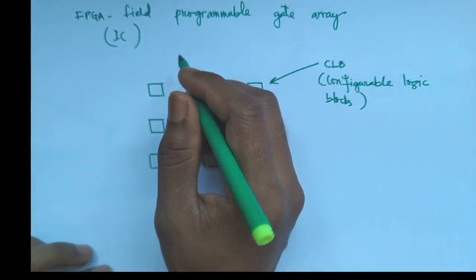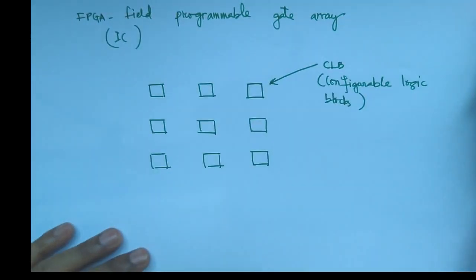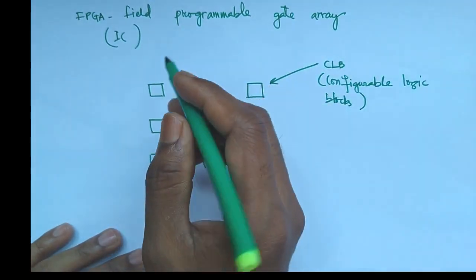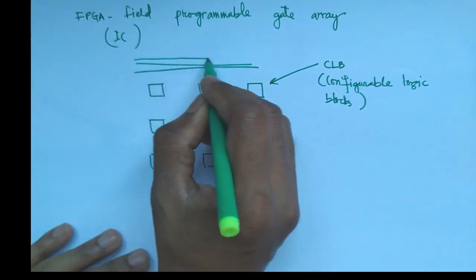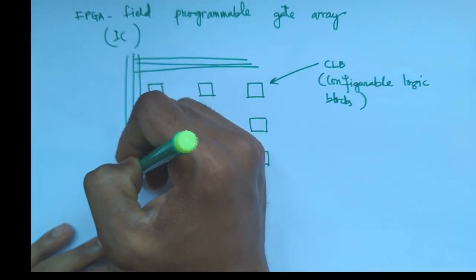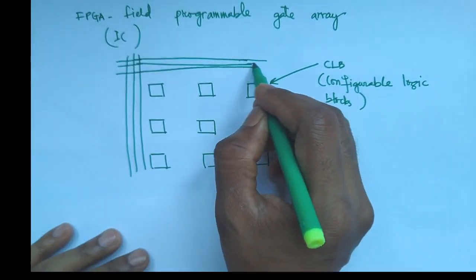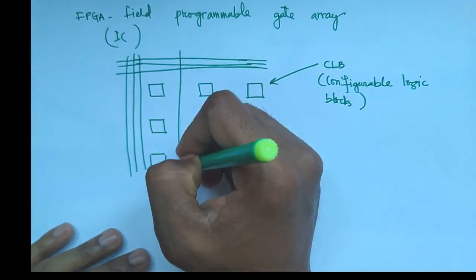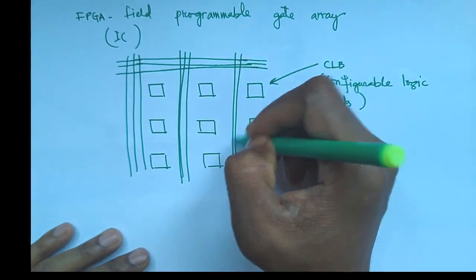These CLBs are interconnected through the use of buses. There will be multiple buses, and we'll draw three types of buses: control bus, address bus, data bus. So there will be multiple buses which will run around the CLBs.